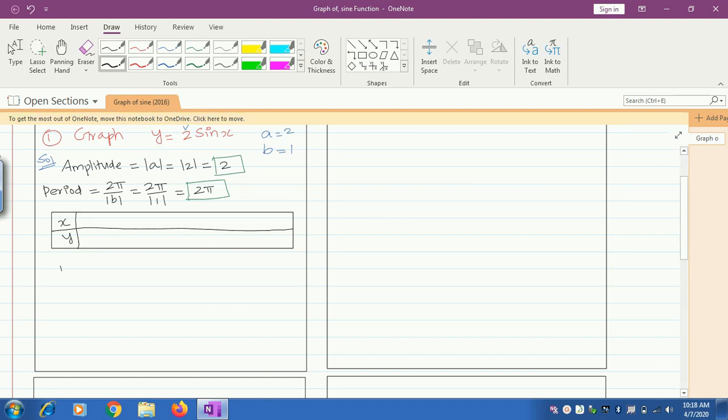Now what are the points? This is my x and y value. So let me draw this here, and this is the y value.